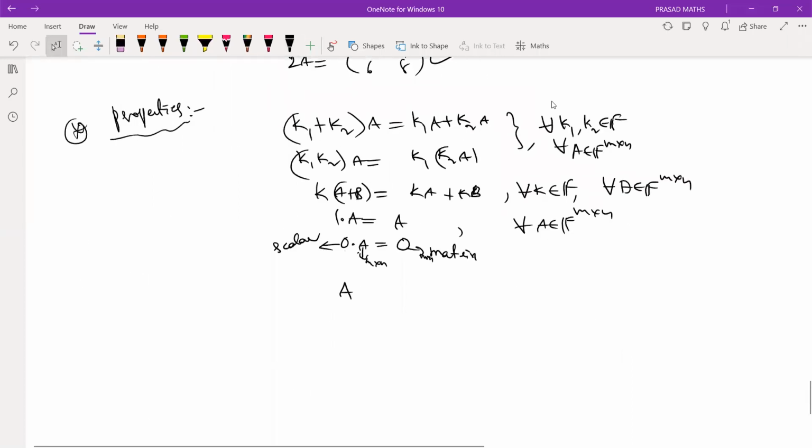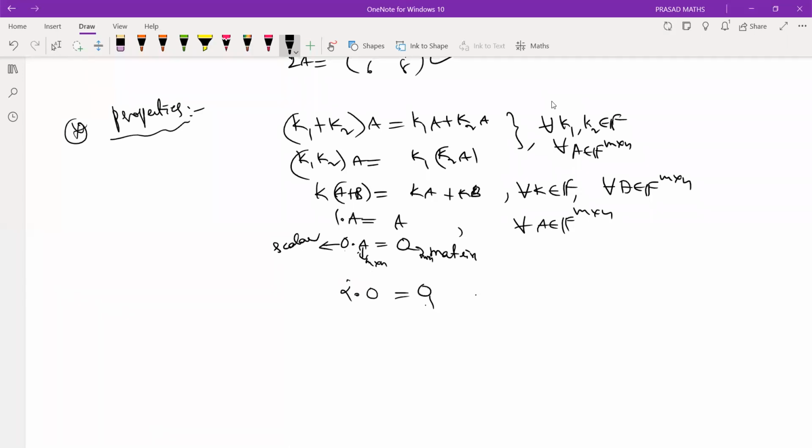Next is A into the 0 matrix. Suppose it is an m by n matrix; you're going to get the 0 matrix. But the matrix product is not defined here, so don't take this. Next, you take any scalar and a 0 matrix, what are you going to get?